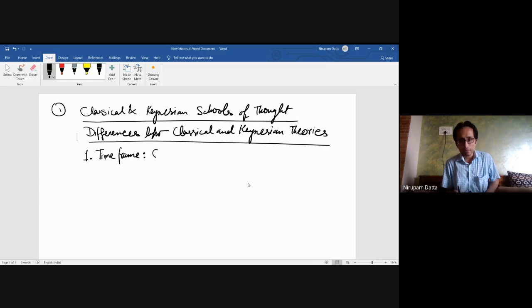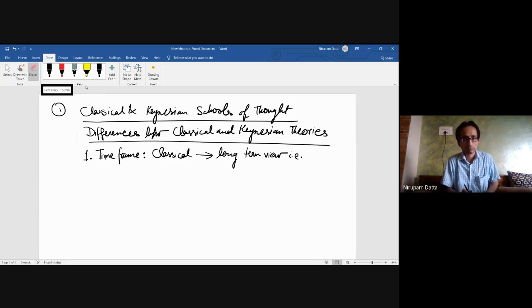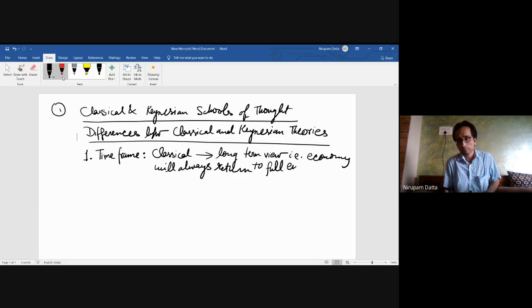So classical theorists were concerned with a long-term view, that is, the economy will always return to full employment level in the long run.